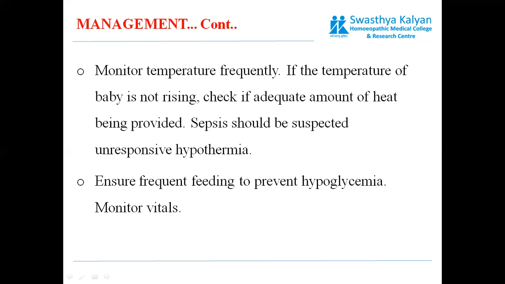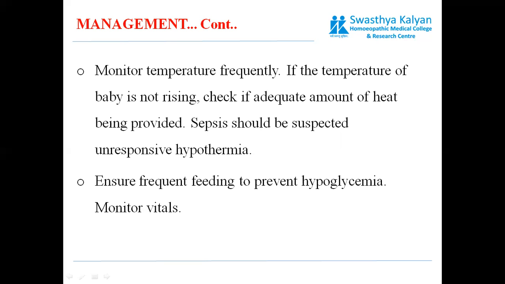Firstly, we have to remove the baby from any source that can cause hypothermia. Secondly, we have to put the baby in skin to skin contact. If that is not possible, then we have to wrap the baby or dress the baby in warm clothes and keep the baby in warm room. Alternately, we can use radiant warmers or the incubators. Then after managing all these methods, we have to monitor temperature frequently.